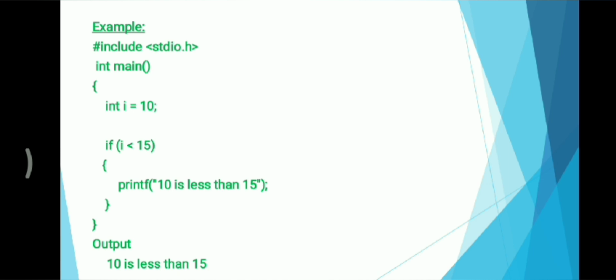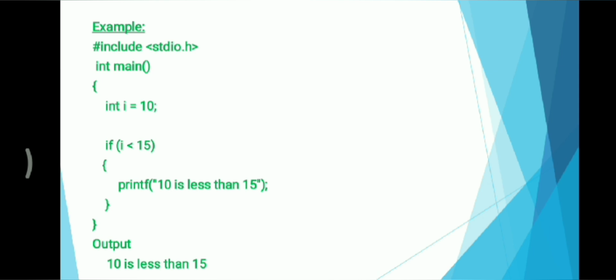Next we will see an example of the if statement. In C programming we have to include the header file with #include stdio.h, the standard input output header file, which supports scanf and printf functions. Here I start with the main function. What is the return type?